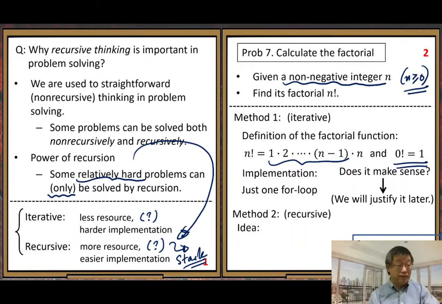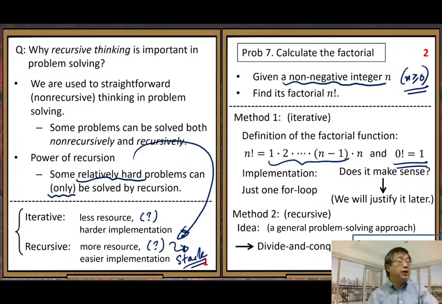The main idea for recursion is a general problem-solving approach. What's that? I think all of you have heard of it: divide and conquer approach. I think you understand the meaning, right? This is a big thinking method, a big problem-solving method for our algorithms.